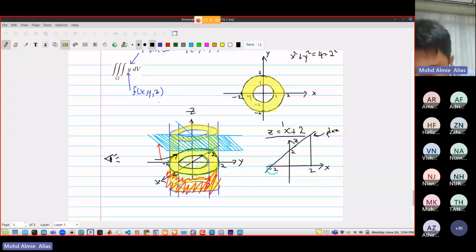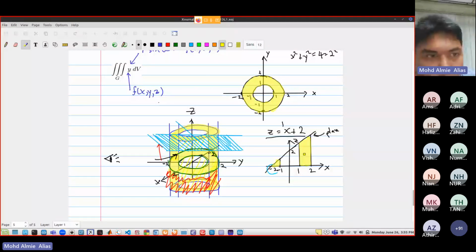So this is 1, this is minus 1, so minus 1, and this is 1. Which means that this and this, if you see from here, you'll see something like this.